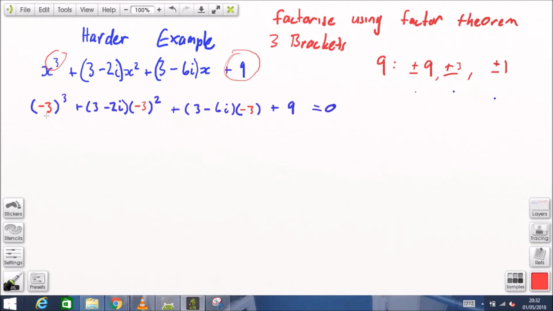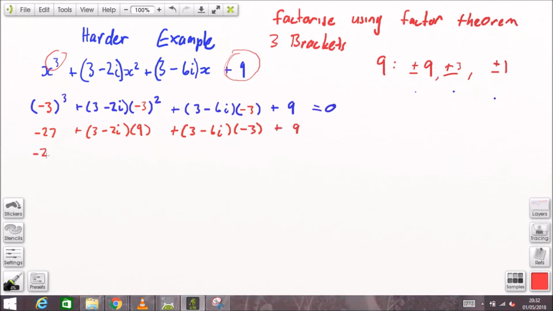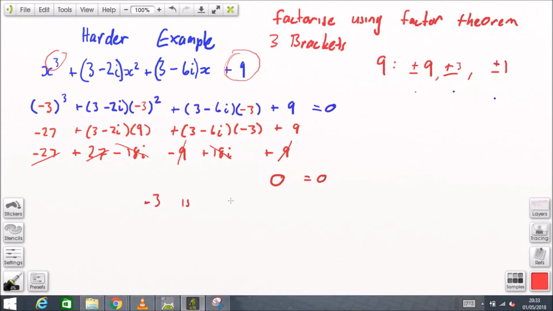We could have tried a whole bunch more, but I wrote this question, so we'll try negative 3. Just being careful with your expanding and your squares and negative numbers. Already looking a bit more promising. Now we'll cancel these off. You see all these terms cancel off and it equals 0. So therefore we know that negative 3 is a factor.